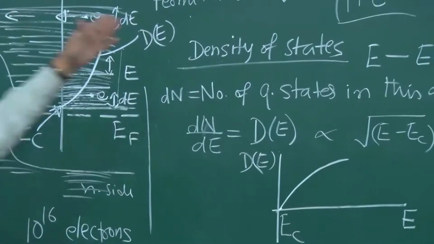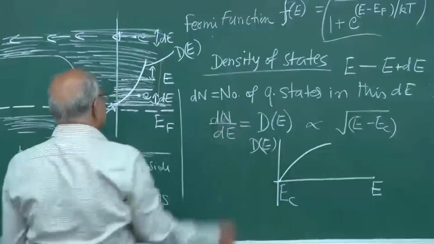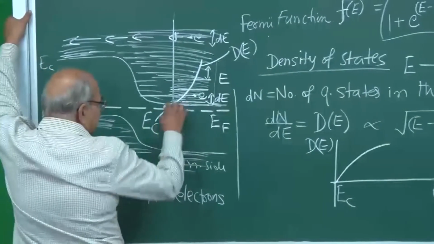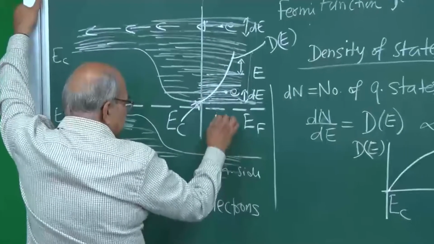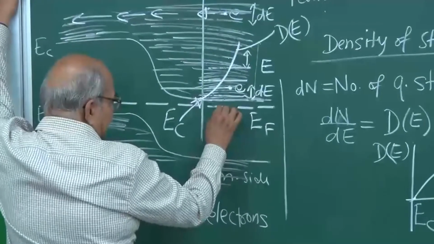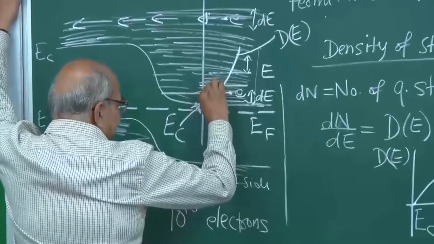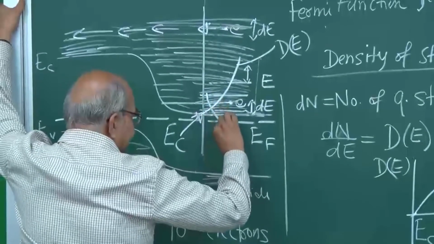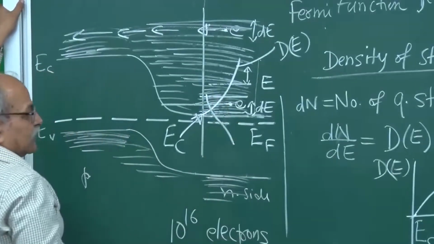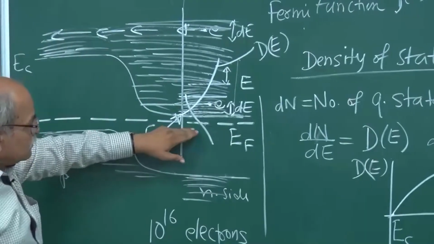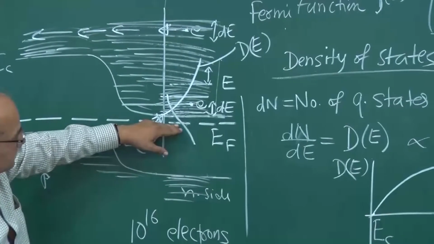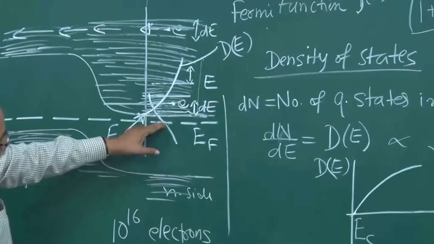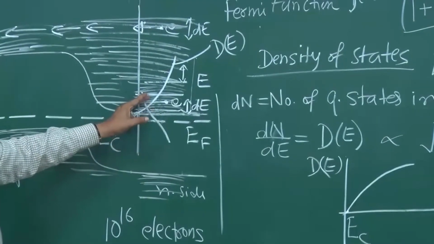And what happens to this probability on the same graph? If I plot it, it will be like this. Say at EF it is half, and then it decreases as you go up. That is how the Fermi function looks. As you go away from the Fermi energy, your probability decreases, and then it becomes almost 0.